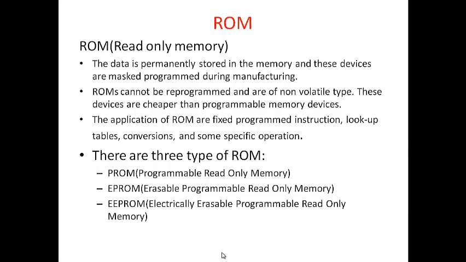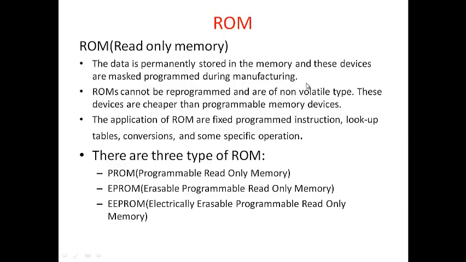Then further you cannot bring that pin to low and do a write. I have already told there is a pin called write and read. When you want to write, you have to bring that pin to active low, then you can write. So what they do in ROM is mask it such that you cannot touch that pin at all. It cannot be reprogrammed and is non-volatile.